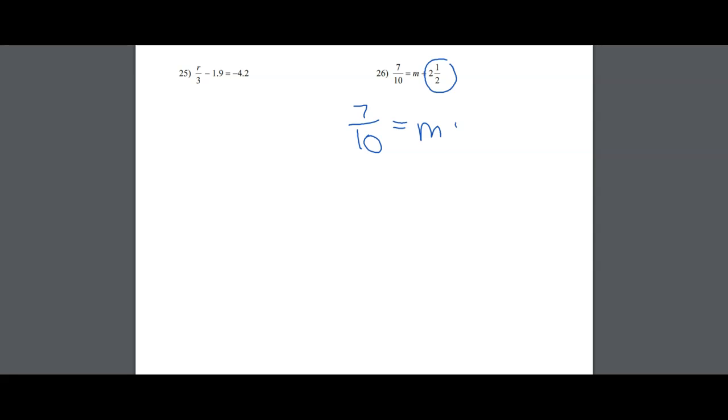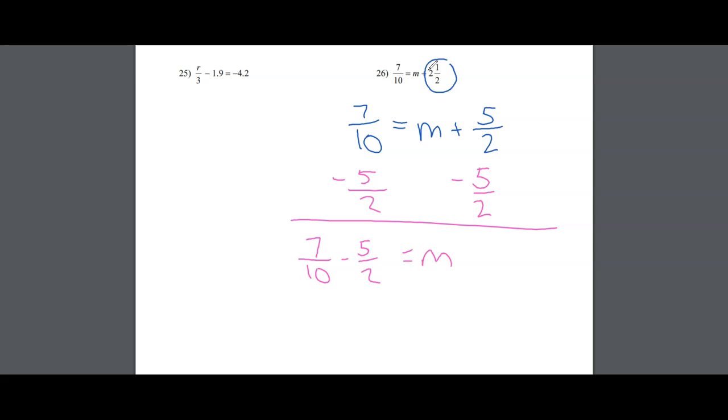So 2 times 2 is 4, plus 1 is 5, halves. 2 1/2 is equal to 5 halves. Now I'm going to subtract 5 halves from both sides. So I get 7/10 minus 5 halves is equal to m.